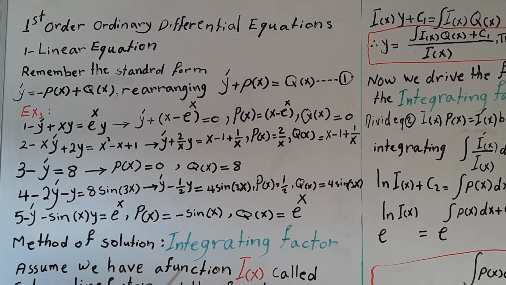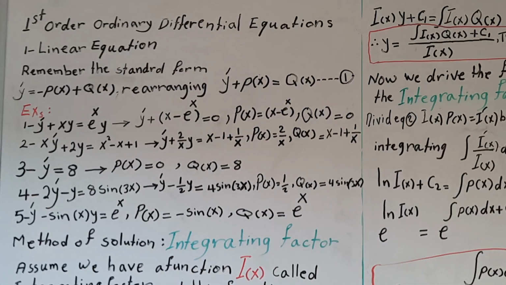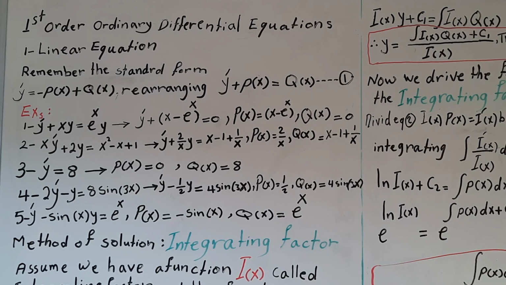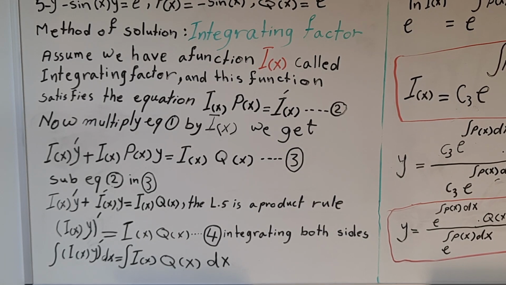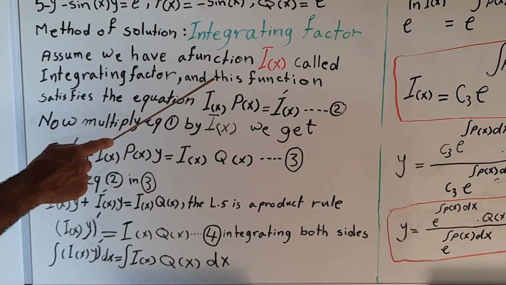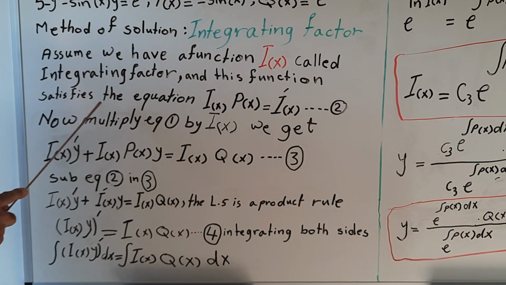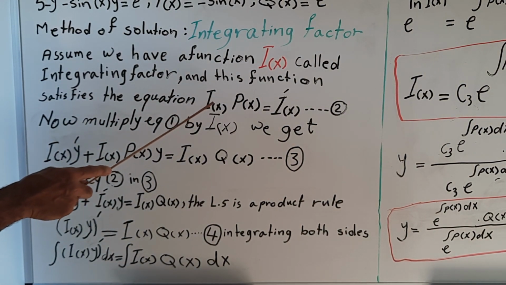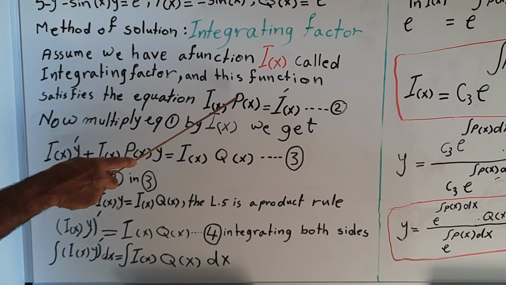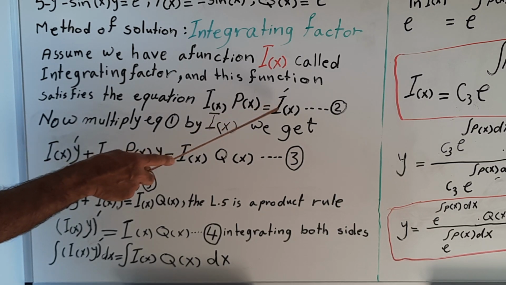Assume we have a function I of x called the integrating factor, and this function satisfies the equation I of x times p of x equals I prime of x.